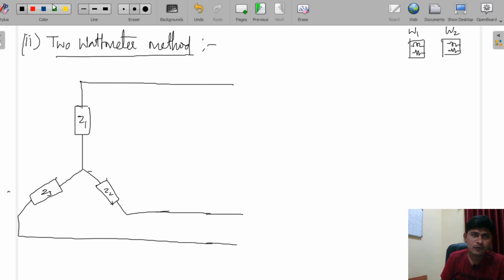Now, current coils of the 2 wattmeters are placed in any two lines.